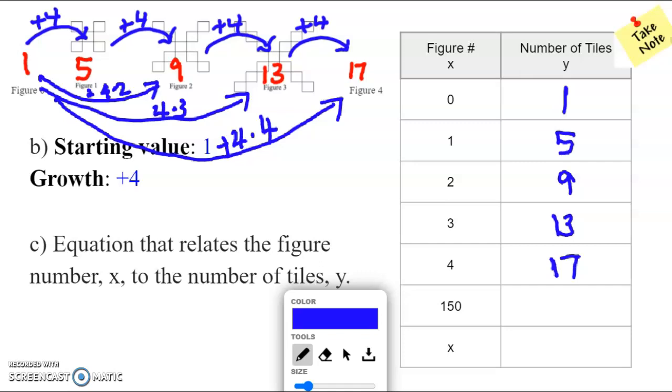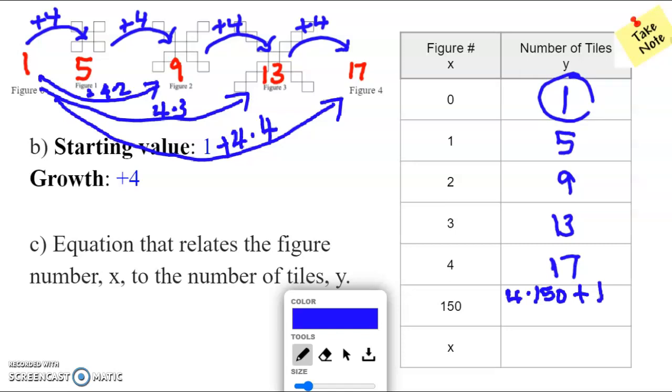That means that for the 150th figure, we are going to have to add to figure 0, however many tiles we had in figure 0, 150 times. So this is going to be 4 times 150, plus we have to add to however many there were in figure 0, which is plus 1, because that's how many we started off with.